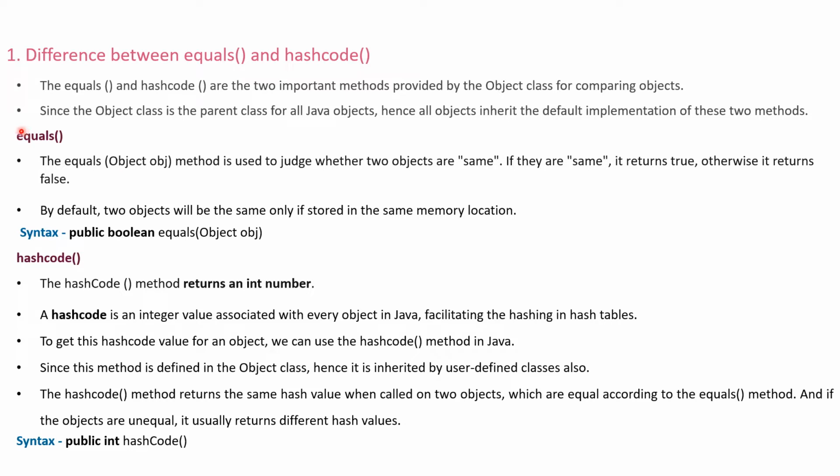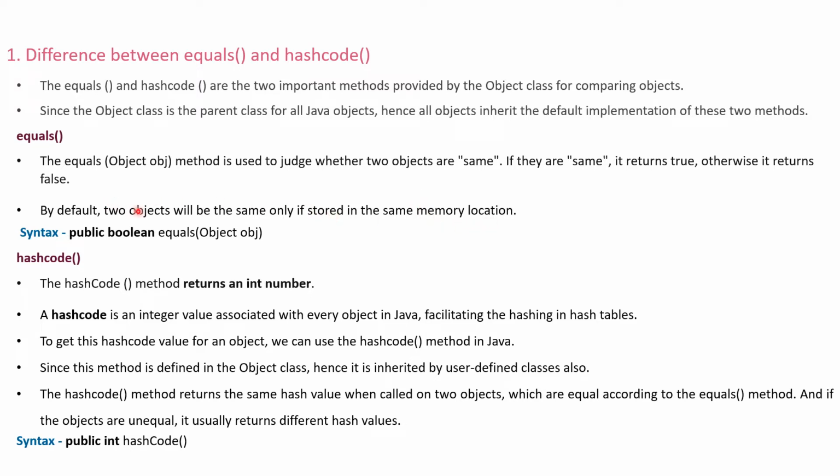So the equals method decides whether the two objects we have are the same. If we need to compare them, we use this method, and if they are the same it returns true, otherwise false. By default, two objects will be the same only if they are stored in the same memory location.